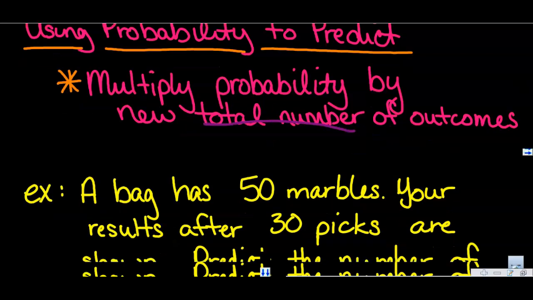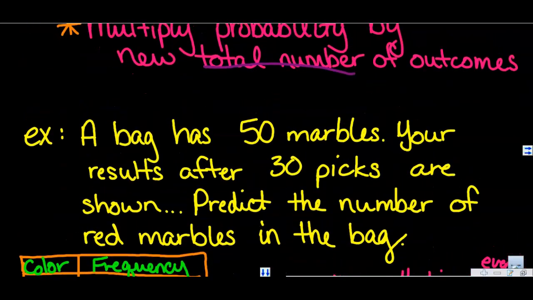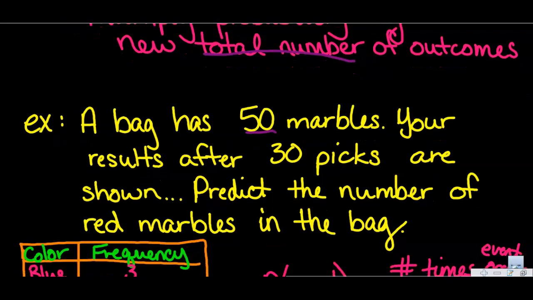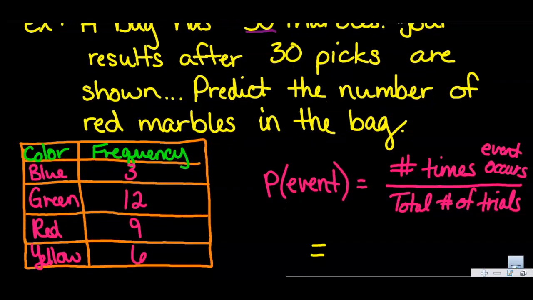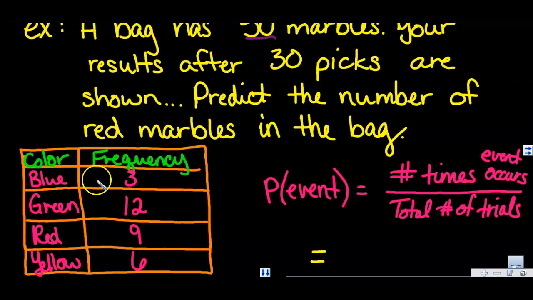Here's an example. If I know that a bag has 50 marbles, and I pick a marble 30 times and put it back after every time, we get this set of data: blue 3 times, green 12 times, red 9 times, and yellow 6 times.